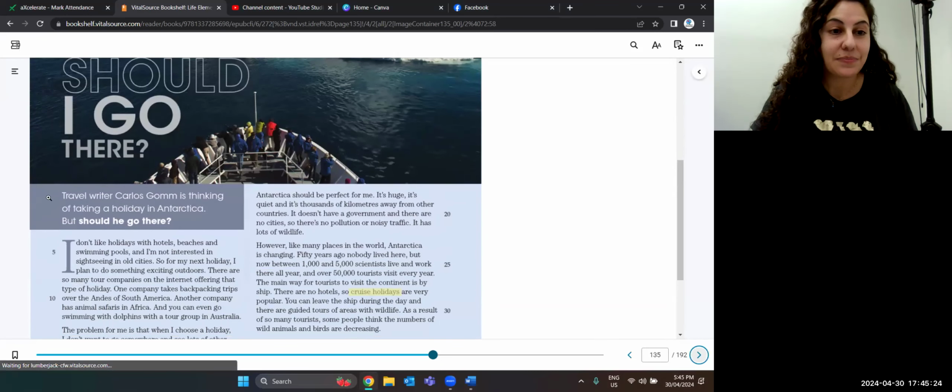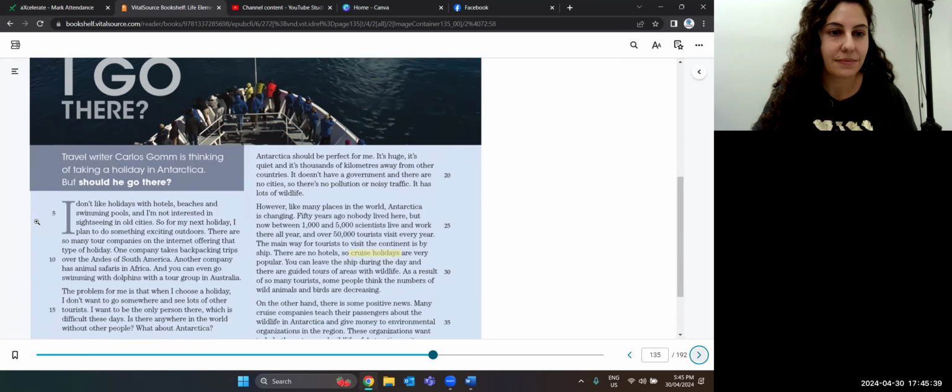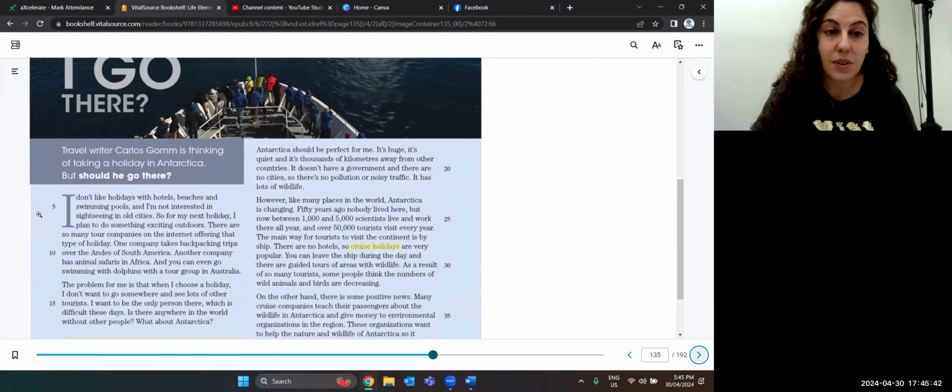Travel writer Carlos Ghosn is thinking of taking a holiday in Antarctica. But should he go there? I don't like holidays with hotels, beaches, and swimming pools. And I'm not interested in sightseeing in old cities.